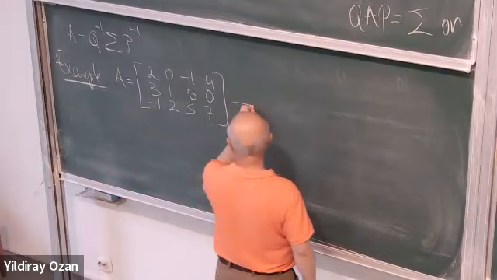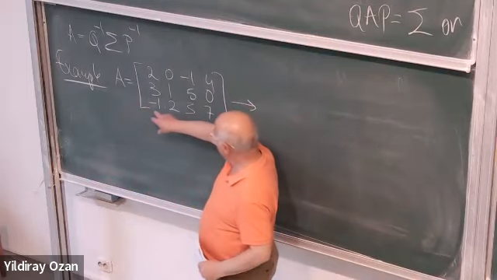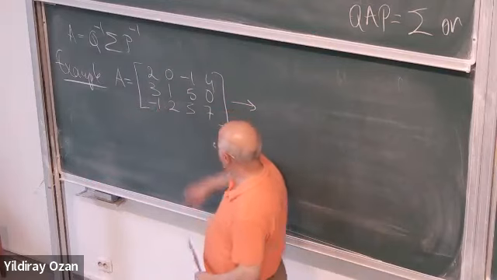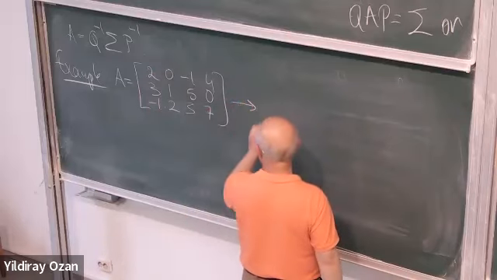For example, let me multiply this by 2 and add to the first column.